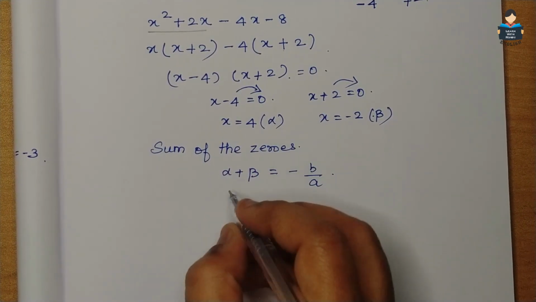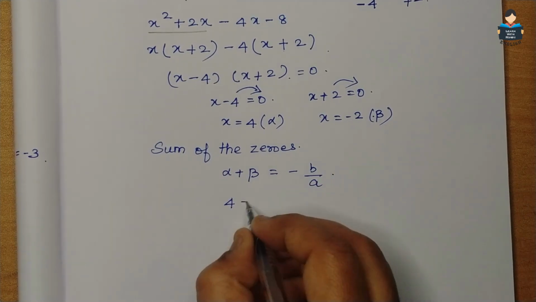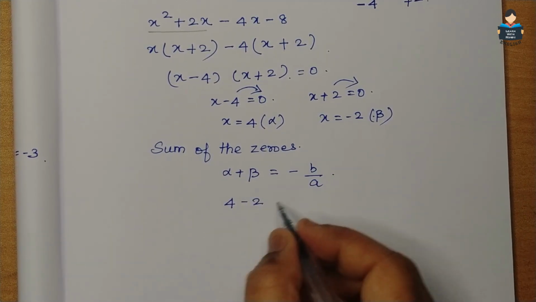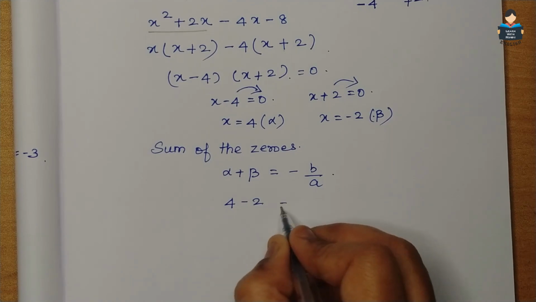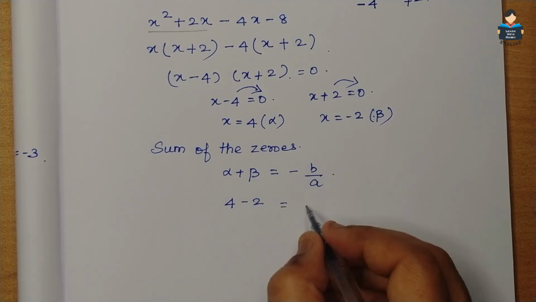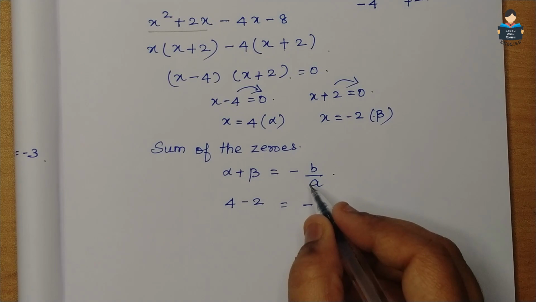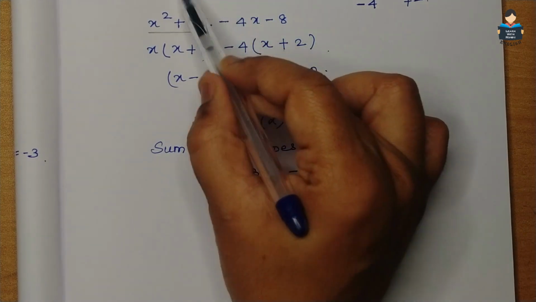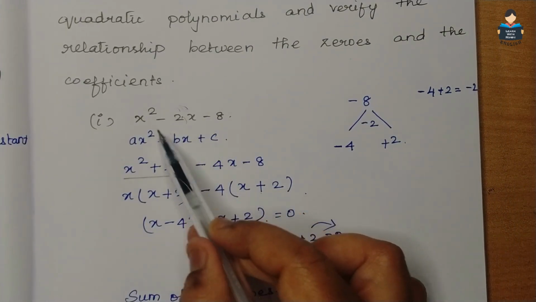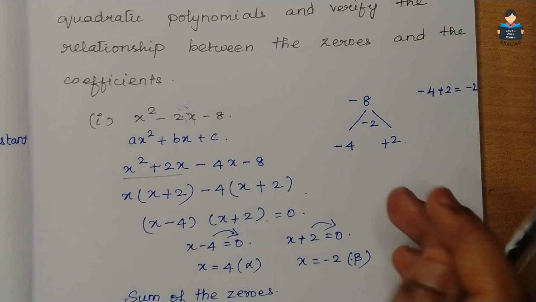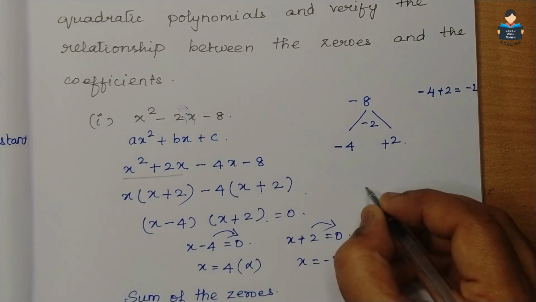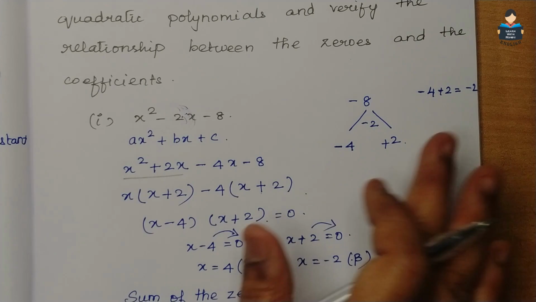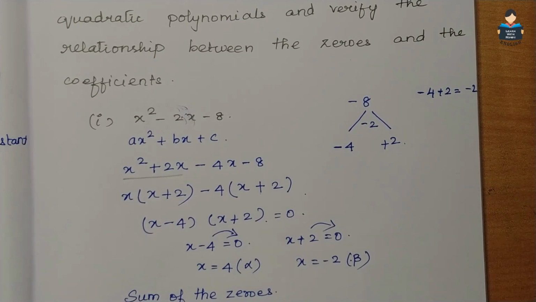So what is alpha here? 4 minus 2, and this will be equal to 2. And in the right hand side I have minus. What is the b value here is minus 2. Minus 2. So if you don't understand, you can write the values of a, b and c in the side, and then you can substitute here.